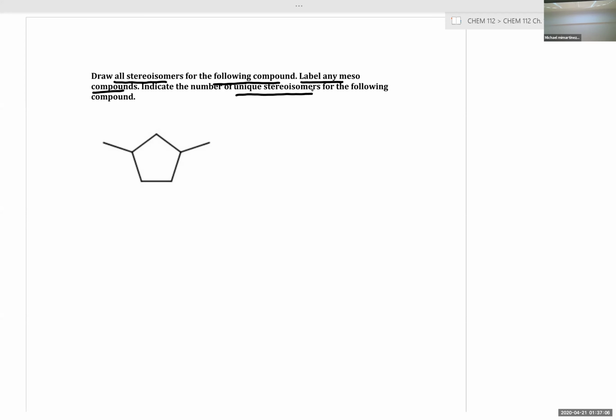And if you need help checking whether you have enantiomers, diastereomers, or meso compounds, don't be shy to make a model.